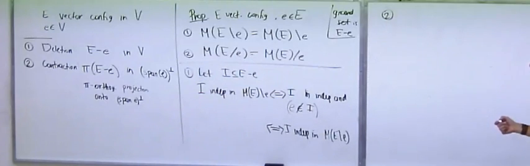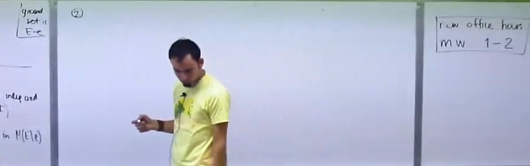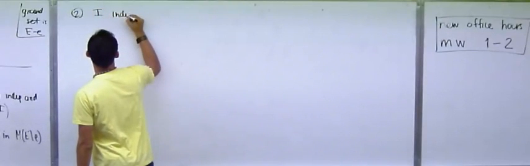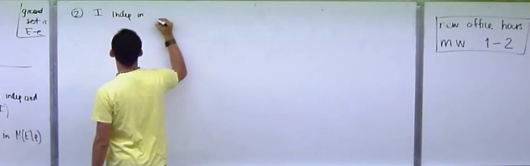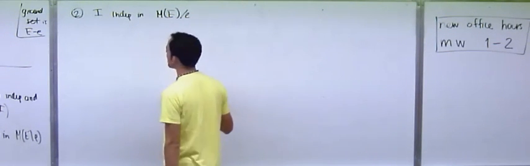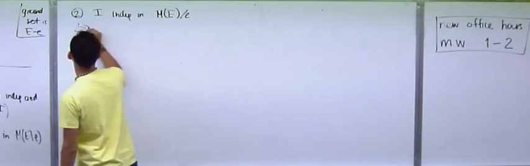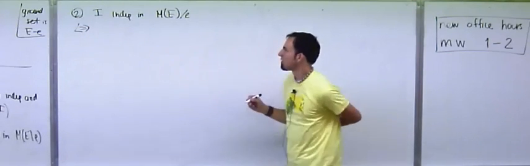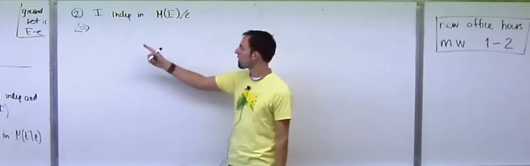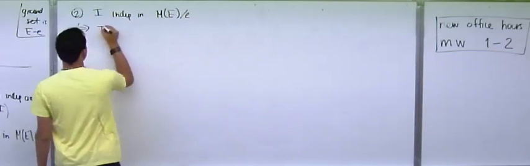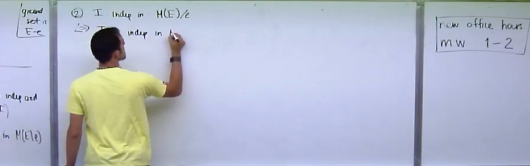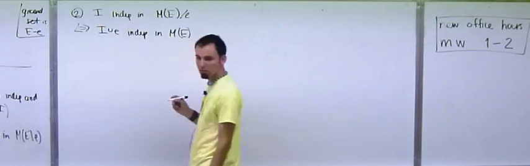For the second one, you actually want to say something. So when is I independent in the contraction? Well, we said that in a matroid contraction, if you contract one element, then the independent sets are those such that when you take the union with E, that's independent in the matroid.